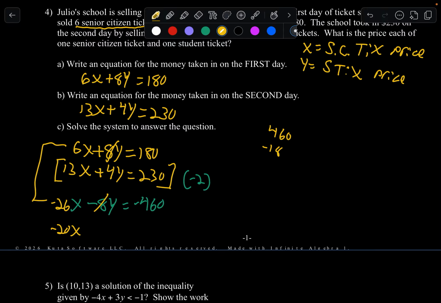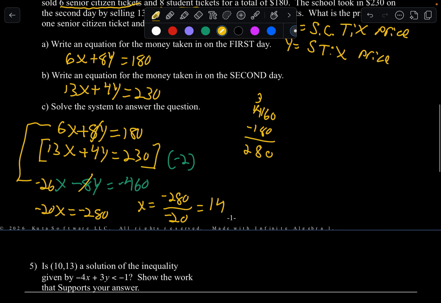I don't have a calculator in front of me. So that equals negative 280. Divide both sides by negative 20, and we get x equals negative 280 divided by negative 20, which is a positive 28 over 2, which is 14. So we got x equaling 14.